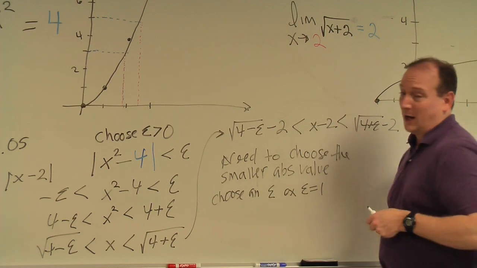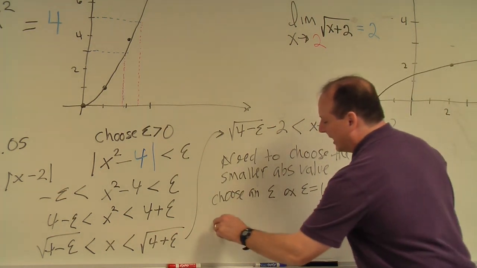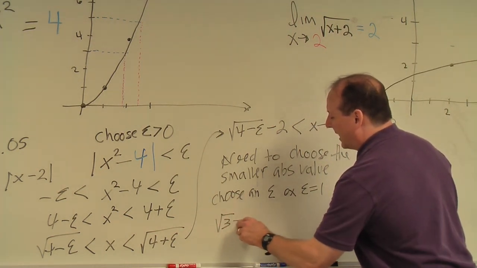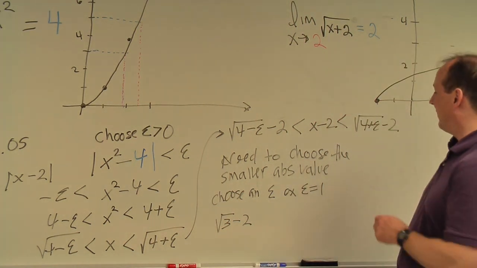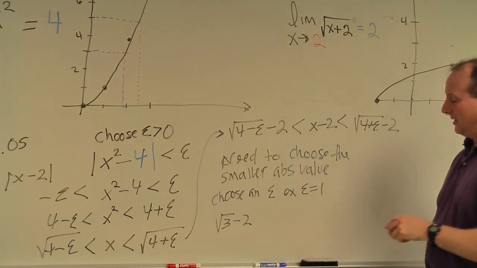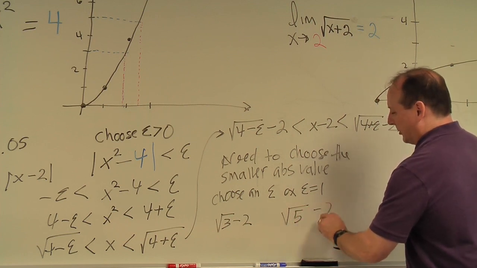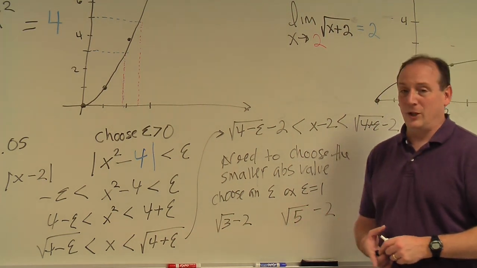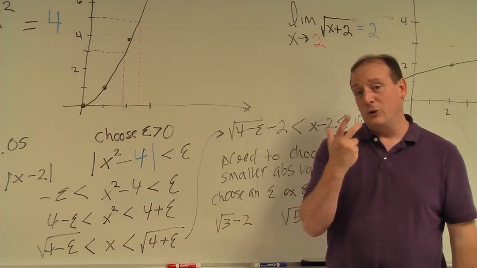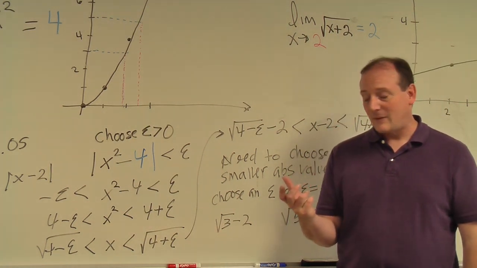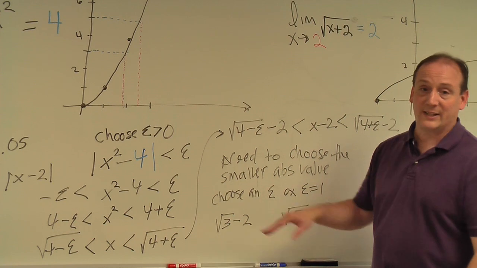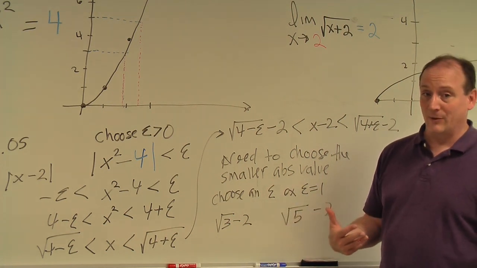Well, if I plug in 1 there, I'm going to get the square root of 3 minus 2. If I plug in 1 here, I'm going to get the square root of 5 minus 2. And then I would use my calculator and figure out which one of these has the smallest absolute value.